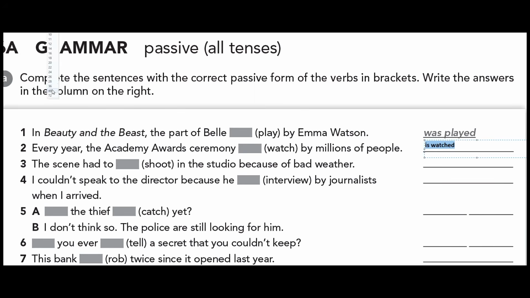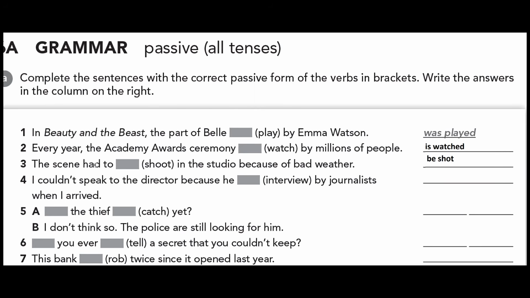Just the usual kind of present simple. The scene had to, here we need the infinitive, like had to be shot, because it's shoot, shot, shot. So had to be shot in the studio because of bad weather. It's the same as must be shot, had to be shot.